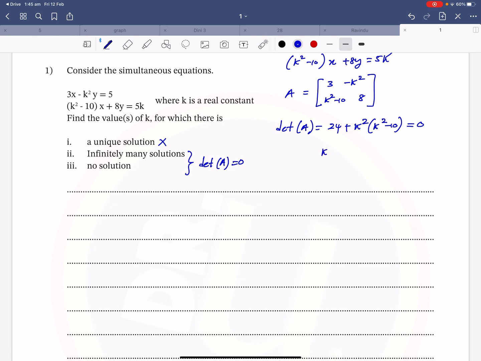This is going to be a fourth order equation: k to the power 4 minus 10k squared plus 24 is equal to 0. To simplify this, let k squared be equal to alpha. So this is alpha squared minus 10 alpha plus 24 is equal to 0.